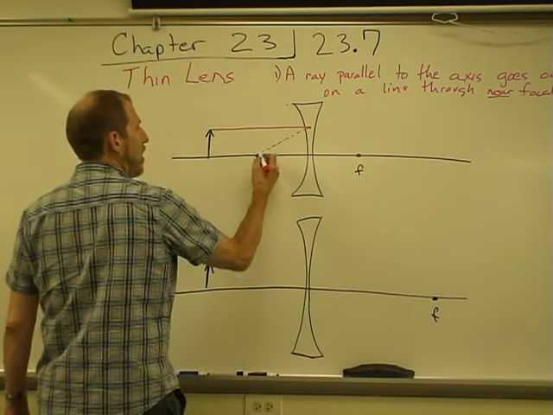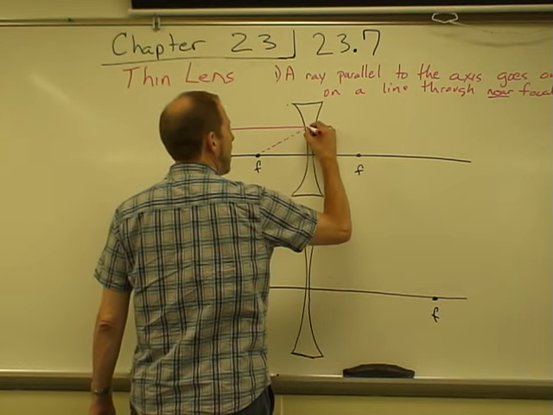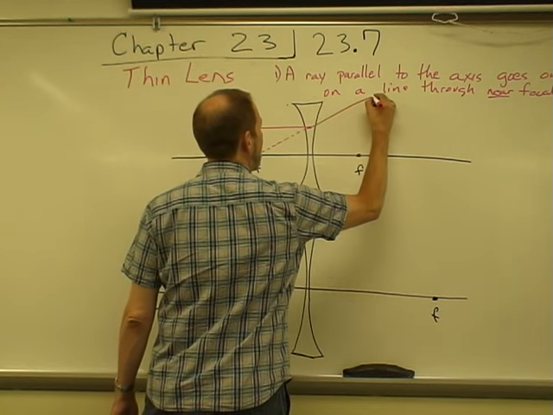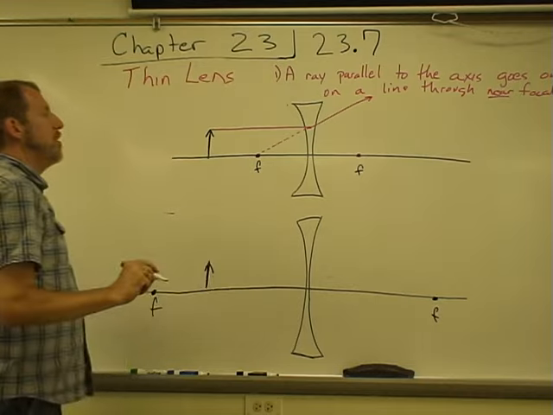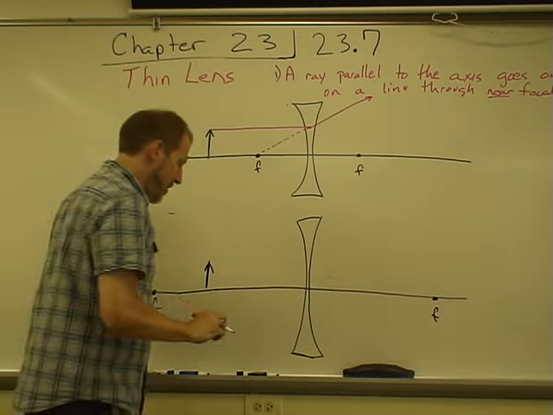Or draw a line from the focal point to where that ray is hitting, and the light is passing out in that case.